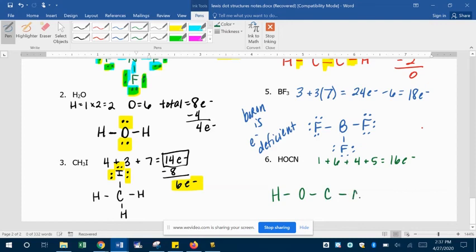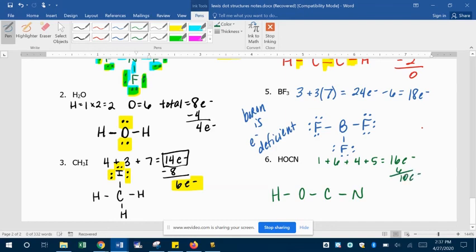How I know that is through experience, and it is okay if as you're drawing this, you put carbon in the center; you could make it work. But let's try it as a chain. In drawing the chain, I drew 1, 2, 3 bonds. 3 bonds would use 6 electrons, so I have 10 electrons left.